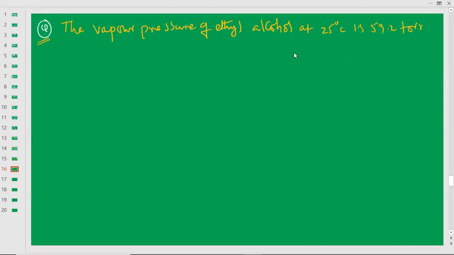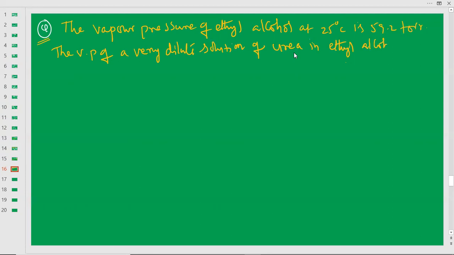The vapor pressure of a very dilute solution of urea in ethyl alcohol is given as 51.3 torr.